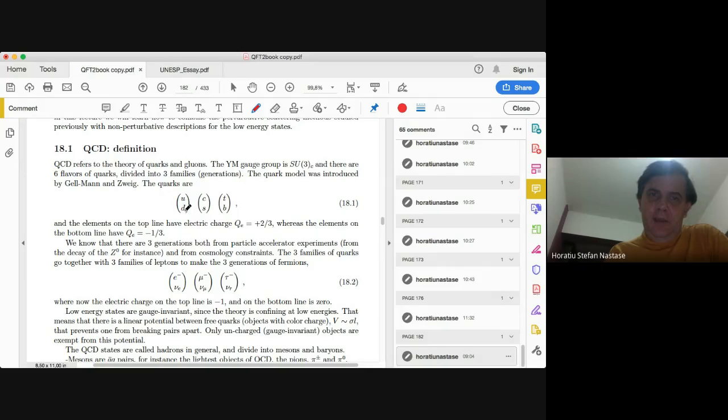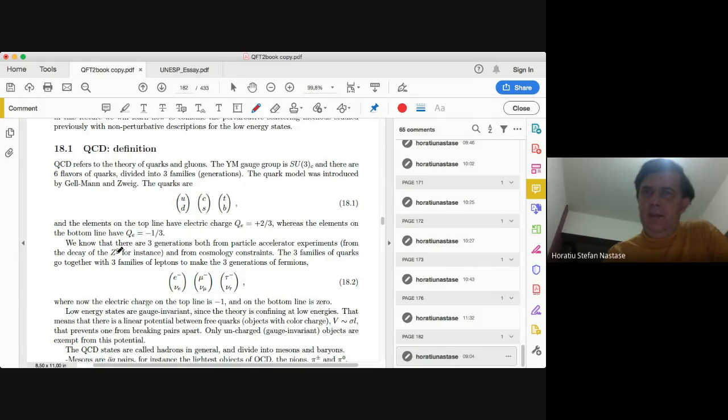And the ones in the bottom, that is down, strange, and bottom, have -1/3. And you can ask, if we have 3, why not 4, 5, and so on? Well, we know we have 3 generations from particle accelerator experiments, for instance from the decay of the Z0 particle.